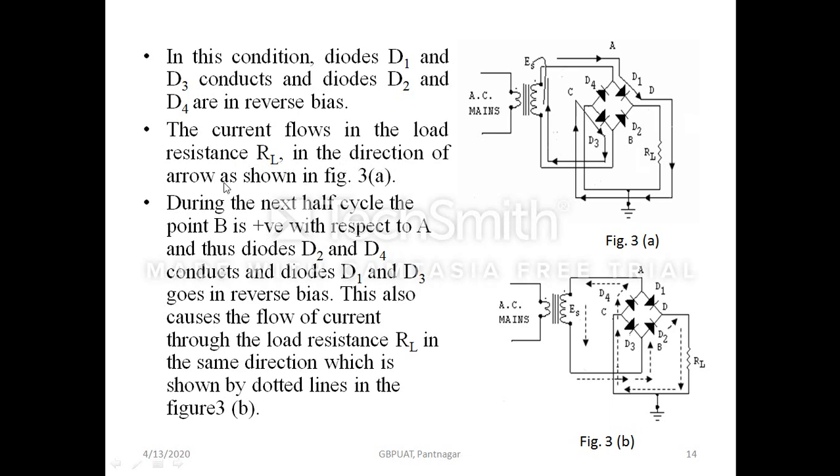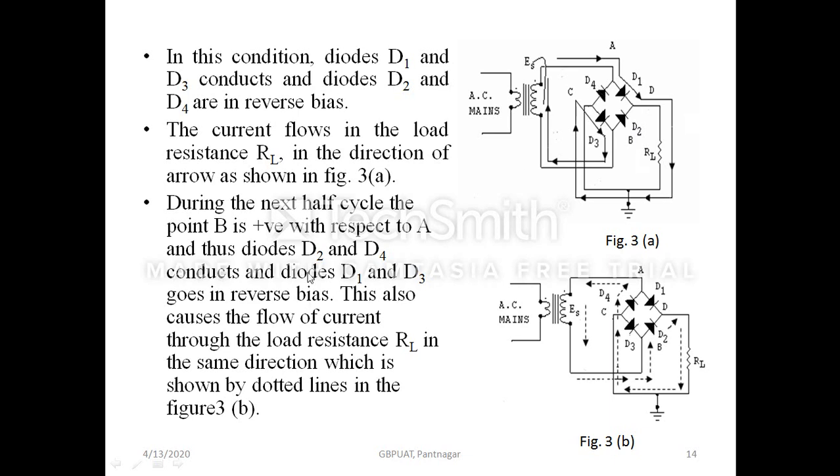Because D1 and D3 are forward biased, the current flows in the load resistance RL in the direction of the arrow shown in figure 3a. The current comes from the higher potential point, flows through the load, and returns to the other terminal.